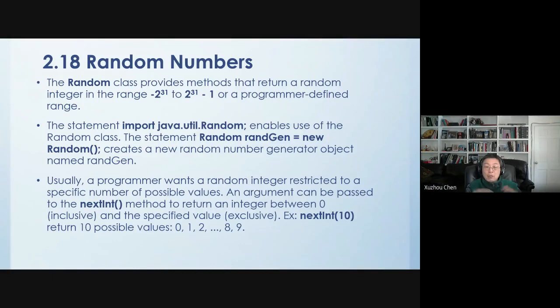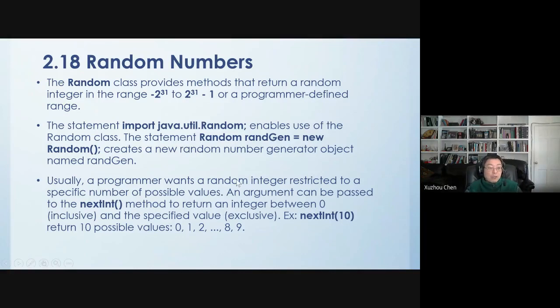Now you want to write a computer program to simulate that kind of thing. The Random class is a very good class you can use. I'm not going to talk about the syntax, because it's very straightforward.